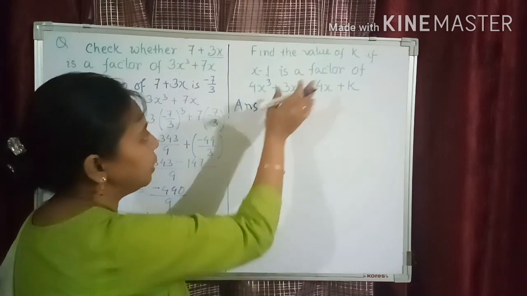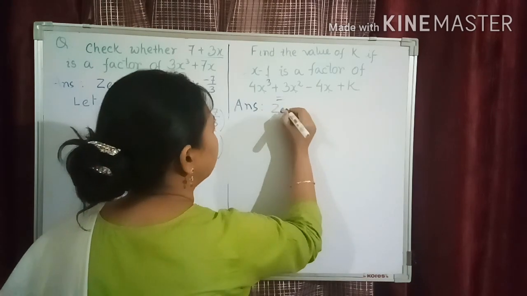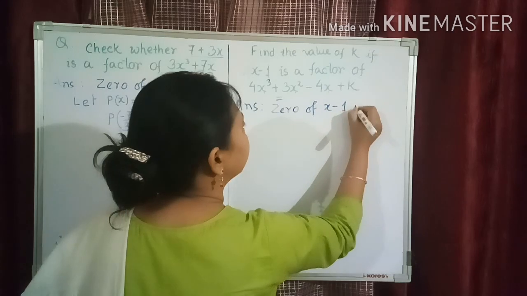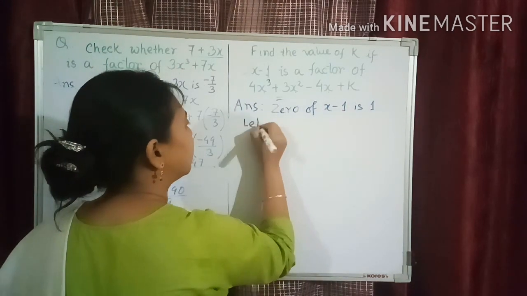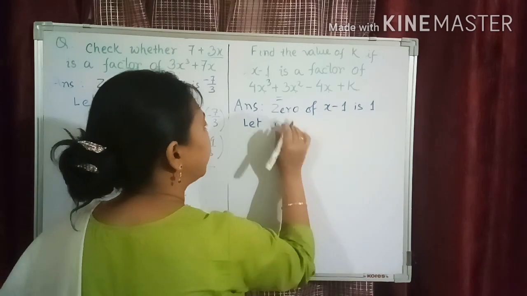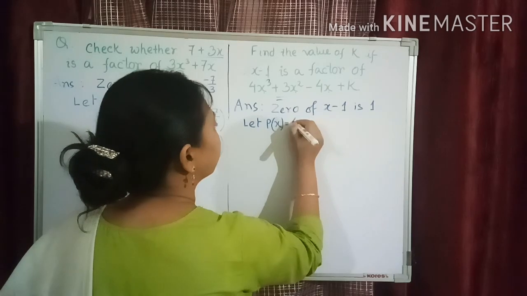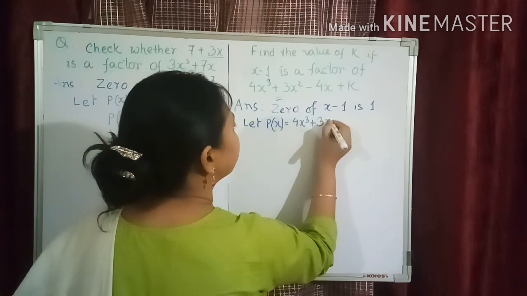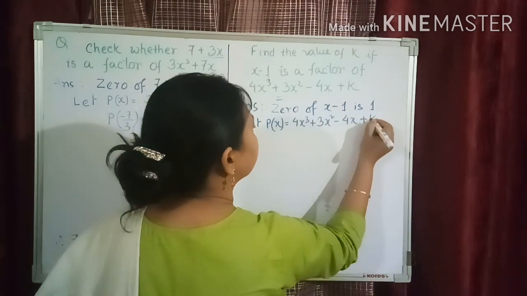The answer to this question we will write in this way. First of all, again we write the zero of x minus 1, which is 1, and let P(x) equal 4x cube plus 3x square minus 4x plus k.